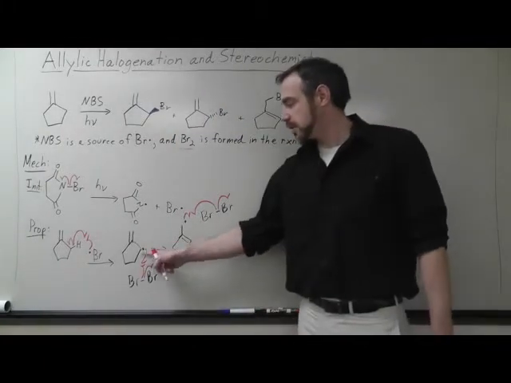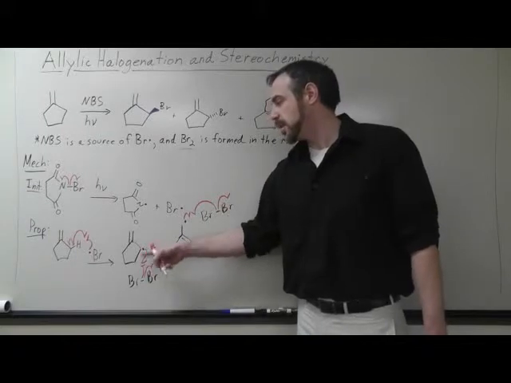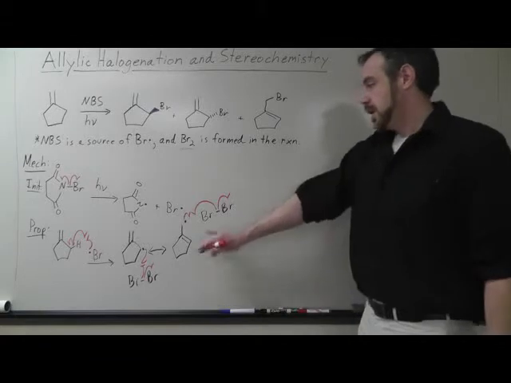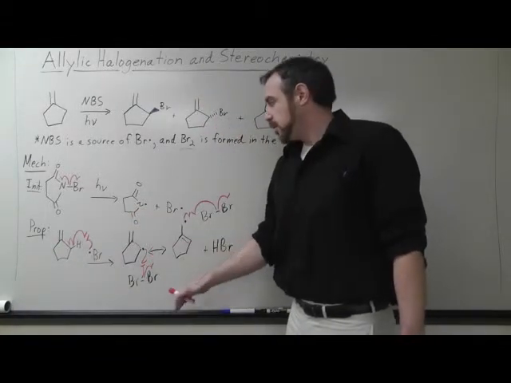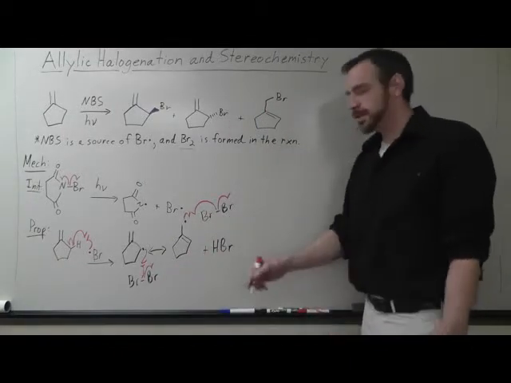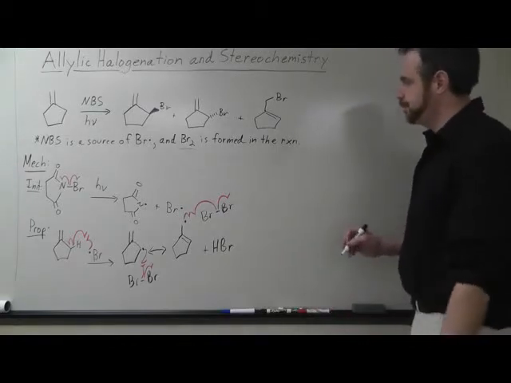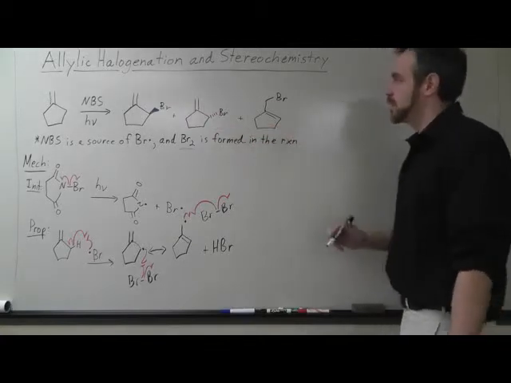And so we can see the electron and one of the electrons from the bromine-bromine bond coming together to form a bond. And this generates, again, another bromine radical. So both steps here, the formation of the allylic radical, and then the formation of the final products, they're both propagation steps because a radical is generated in that procedure. And so that explains the mechanism for the formation of all of these products.